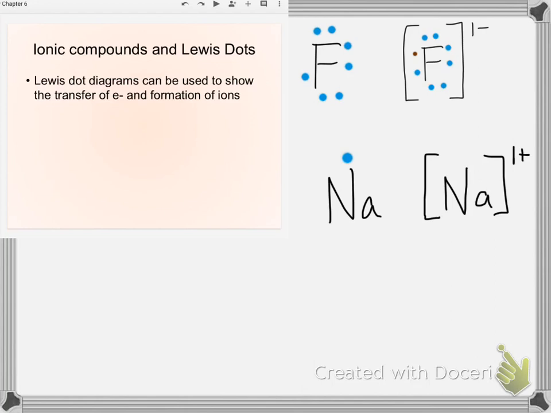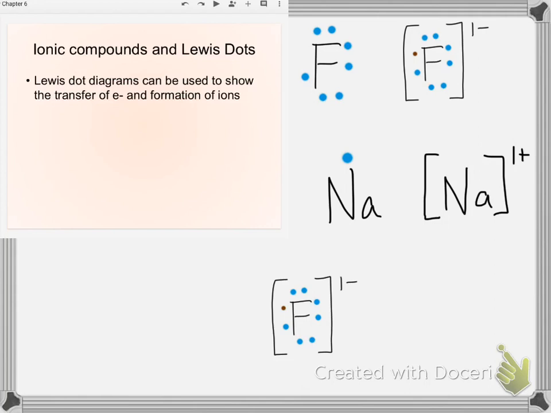Could we show an ionic compound this way? They're not sharing electrons. We can't draw lines between them. Remember how we express this? Everybody stand up. Stand up, stand up, stand up. How would you show that with these Lewis structures? I'm going to copy this. I'm going to paste it.